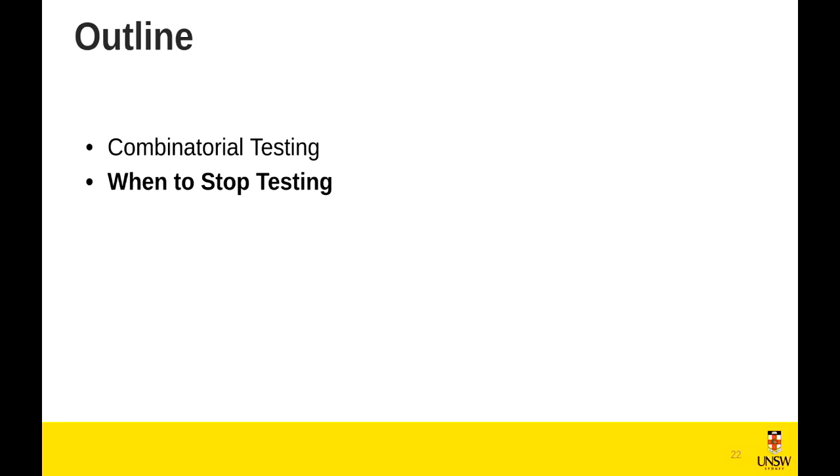So we could end up with an infeasible amount of test cases to build. And combinatorial testing may also suffer from several other limitations, but parameter explosion is a key one here, limiting its real-world application.